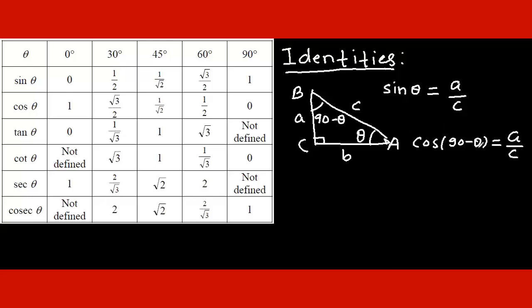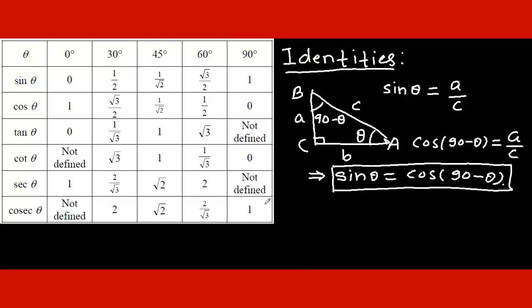Now what is the relation that you are getting? You are getting relation as sine theta is equal to cosine 90 minus theta. Okay. So sine theta is equal to cosine 90 minus theta. Okay. We can write similar relation: cos 90 minus theta is equal to sine theta.